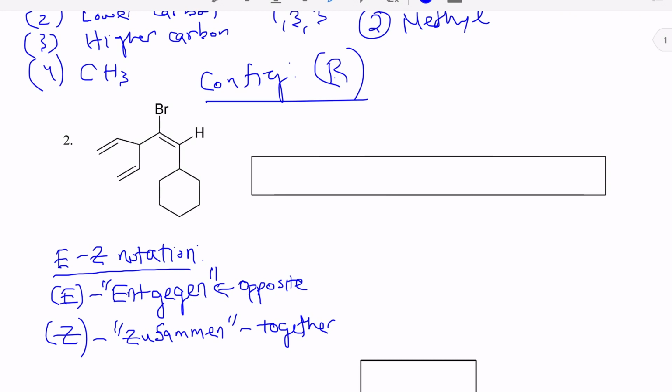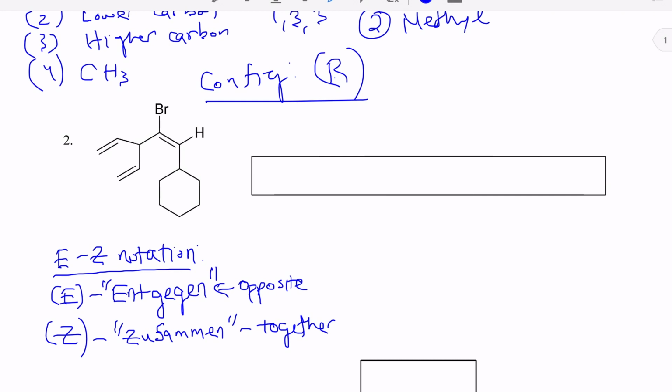So for this compound, we find that there are three double bonds in this compound. And when we're dealing with compounds that are not completely saturated, that is, they don't only have single bonds, our way of finding out what the parent chain is slightly different.